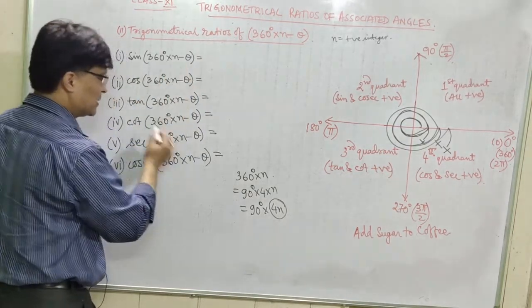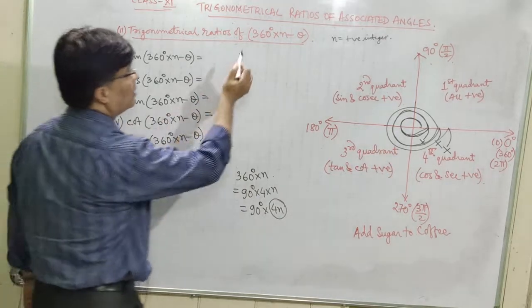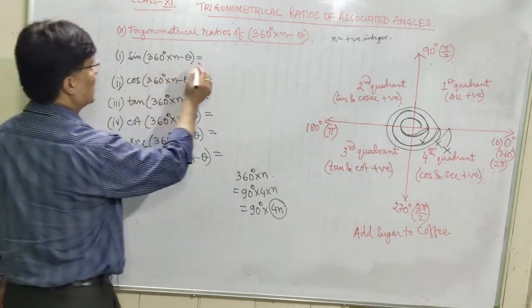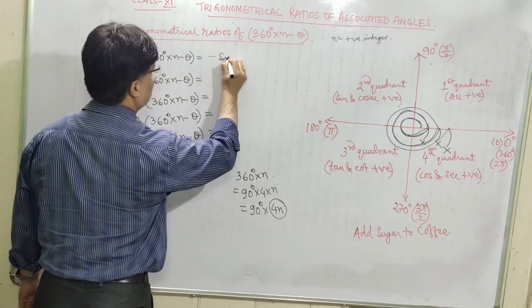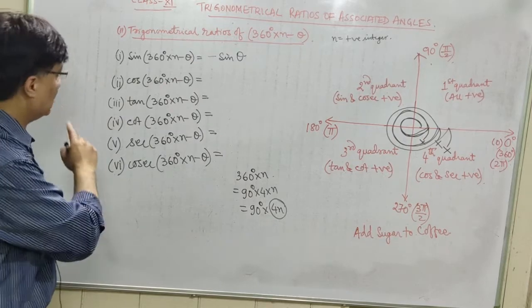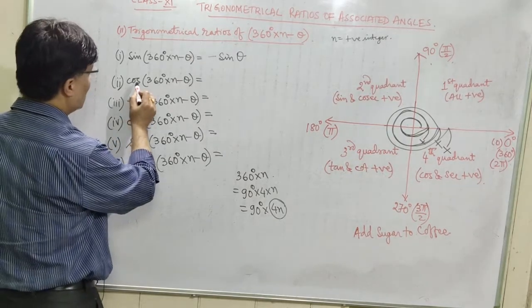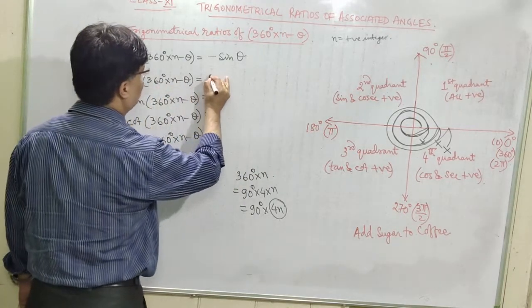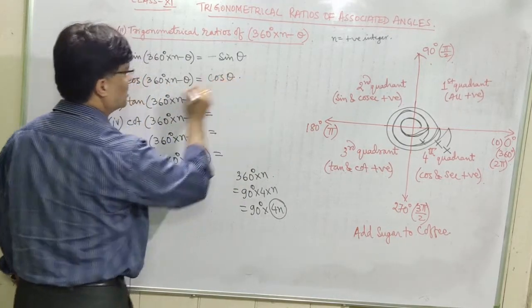As you know, this angle lies in the fourth quadrant, and in the fourth quadrant sine is negative, so it is minus sine theta. Next, cos 360 into n minus theta lies in the fourth quadrant, and cos is positive, so it is only cos theta.